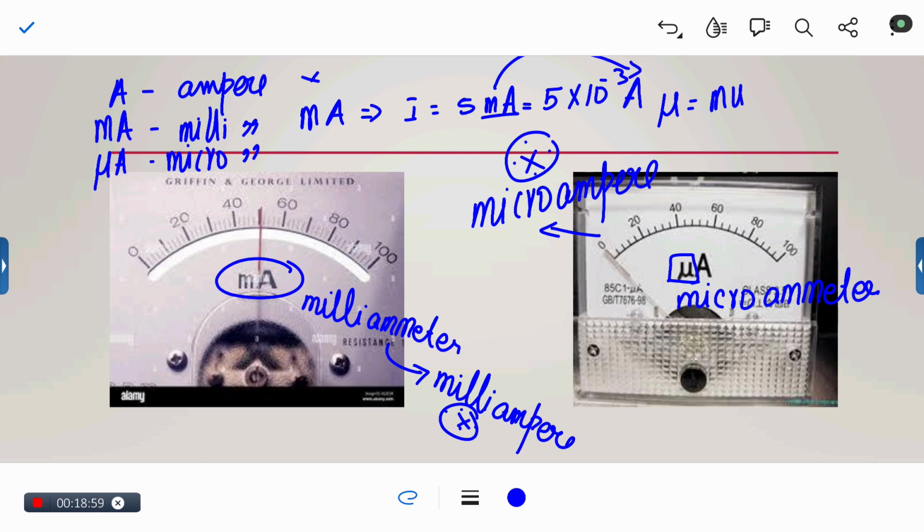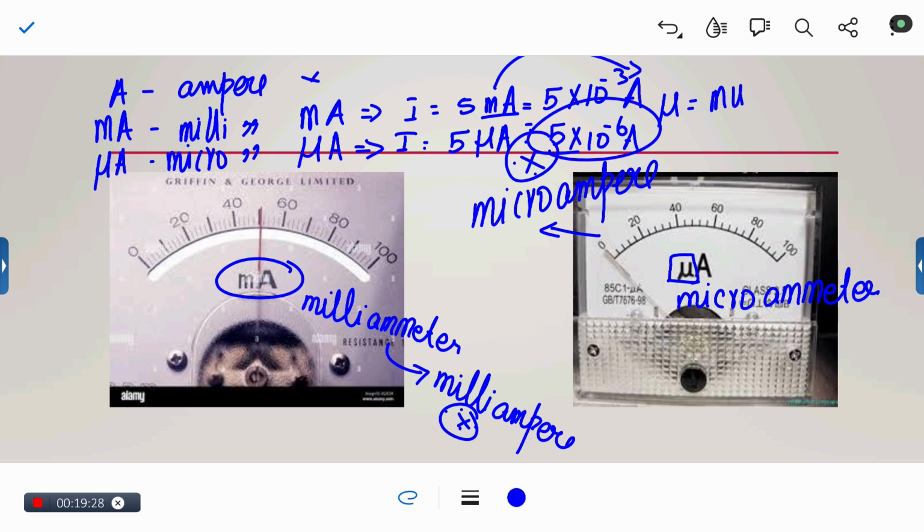If it is given in microampere, for example, let's take the same magnitude, 5 microampere, then we multiply the given number by 10 to the power of minus 6. For mA, 10 to the power of minus 3, and for μA, 10 to the power of minus 6. This conversion we need to do, and only after converting we need to solve the numericals.